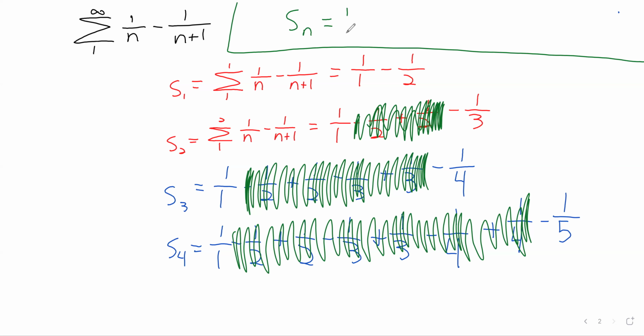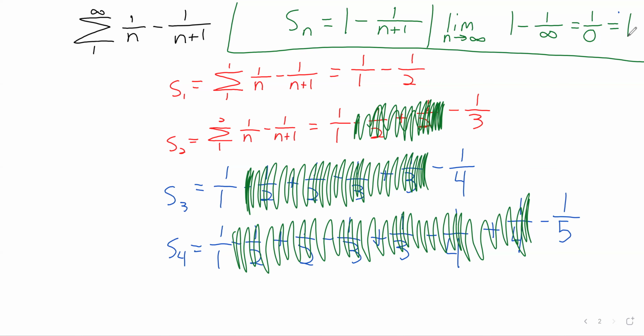S sub n is 1 minus 1 over n plus 1. And if you're taking the limit as n goes to infinity, we get 1.